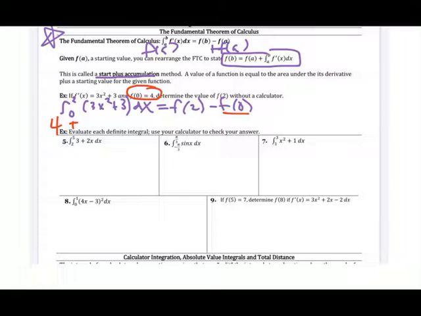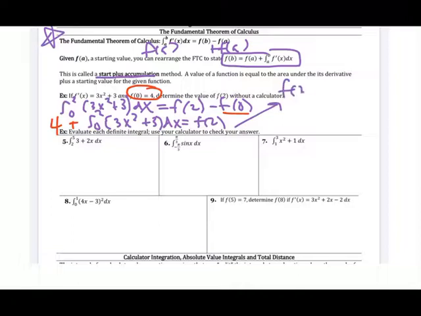So 4 plus the integral from 0 to 2 of 3x squared plus 3 dx equals f of 2. So f of 2, if I integrate 3x squared plus 3, I'm going to end up with x to the third. Well, I guess I can put 4 in front still. 4 plus x to the third plus 3x, and we're evaluating x to the third plus 3x from 0 to 2.